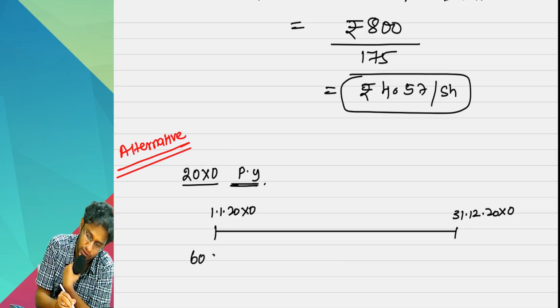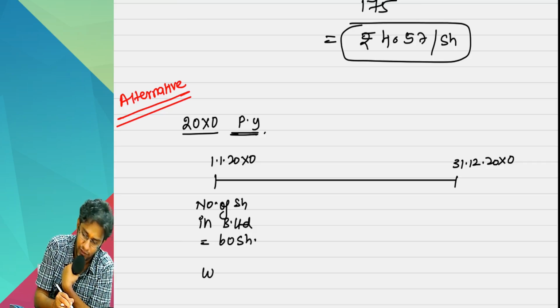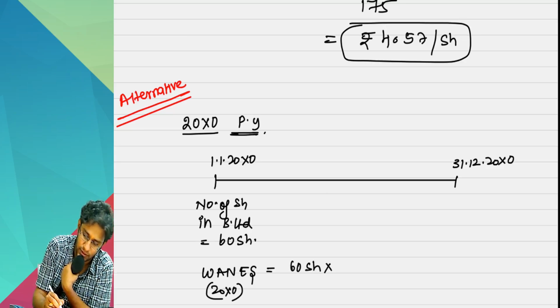In B Limited, how many shares are there? That's it. Number of shares in B Limited is equal to 60 shares. So if I compute the weighted average number of equity shares for this year, it will be 60 shares into 12 by 12, which is equal to 60 shares.